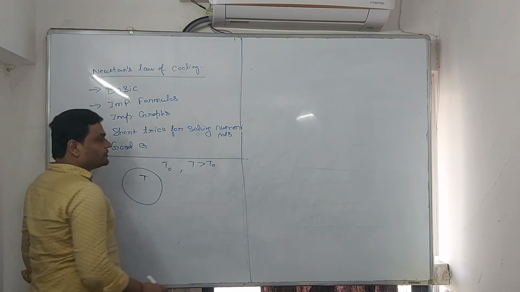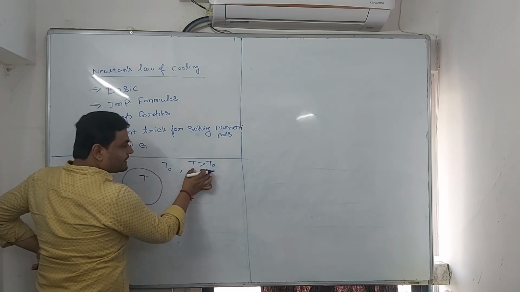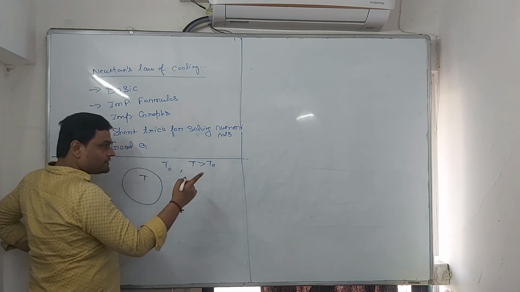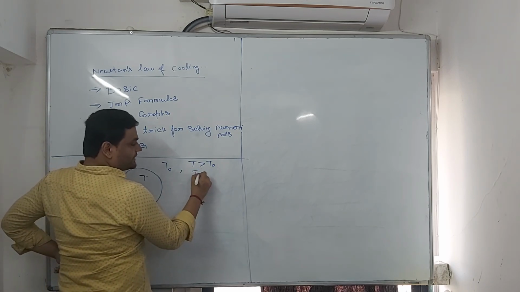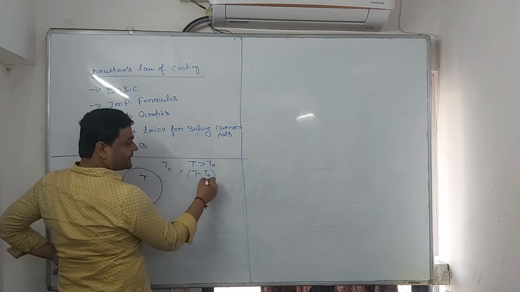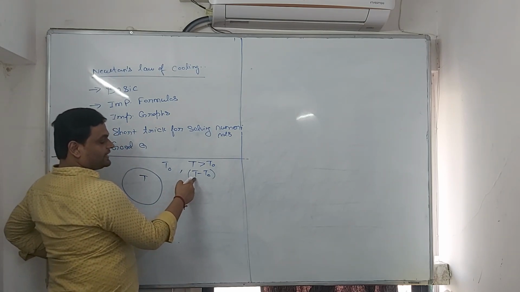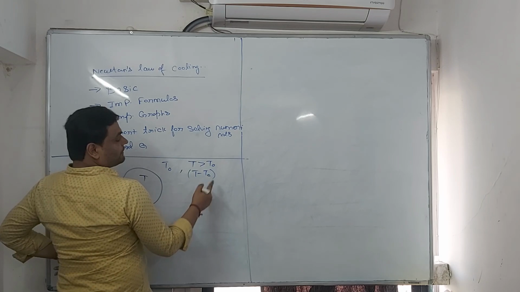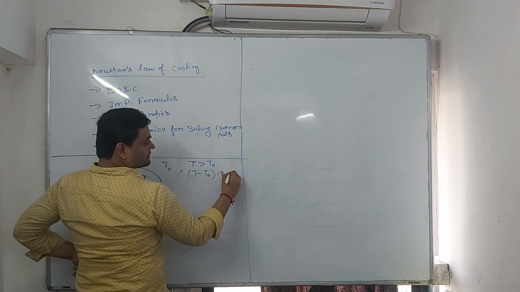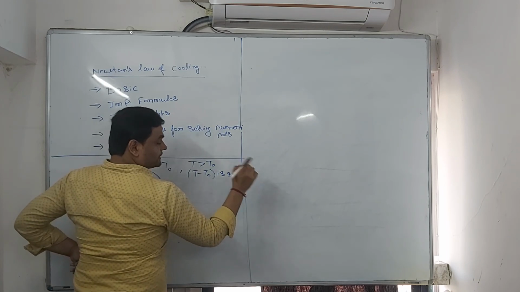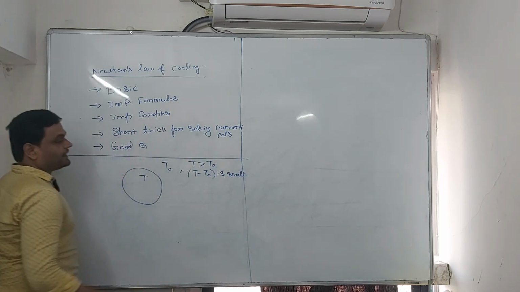Now, what we see is that T naught is the temperature of the surrounding, and T minus T naught is the temperature difference. Difference is always positive, so we will write first the higher value, then the lower value. Then T minus T naught is small. This thing we have to keep in mind. That's why this temperature difference is not very high.